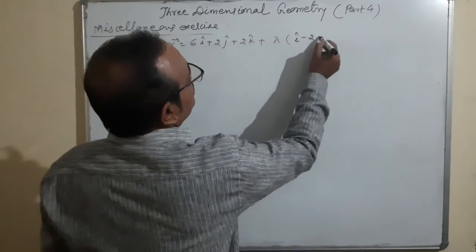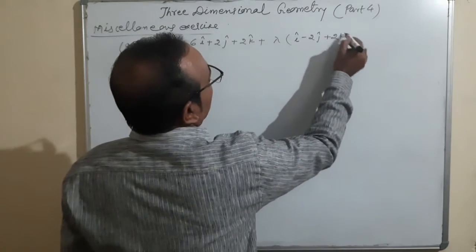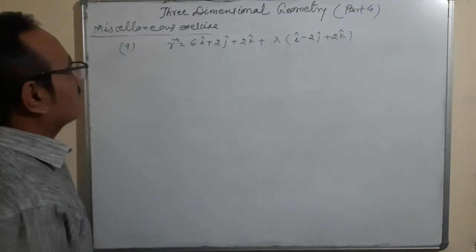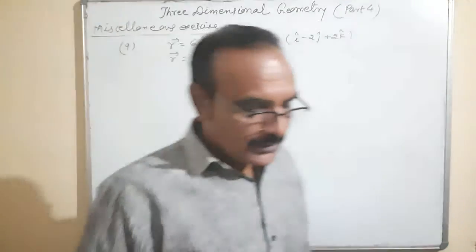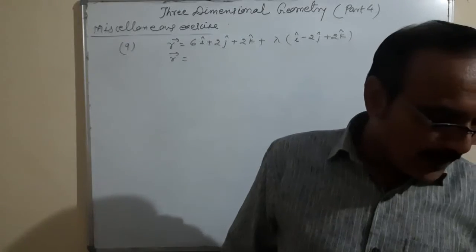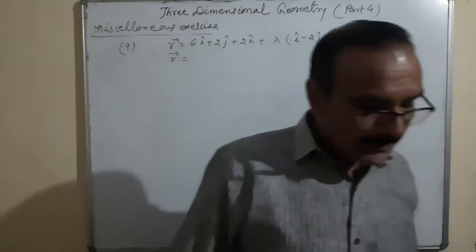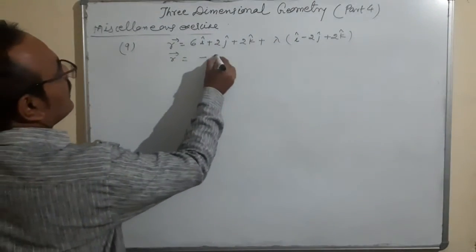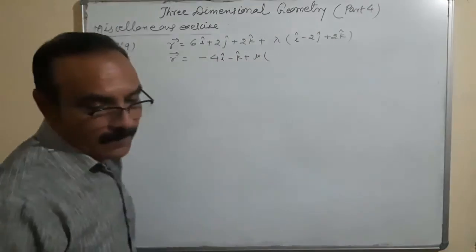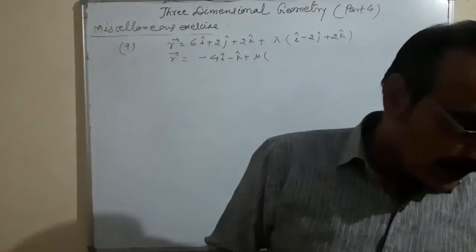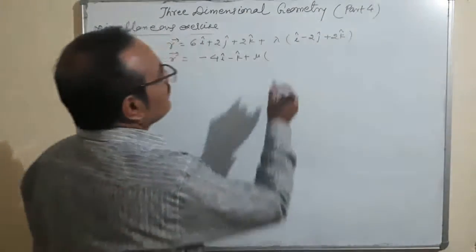Second, r is equal to minus 4i minus k plus mu (3i minus 2j minus 2k).